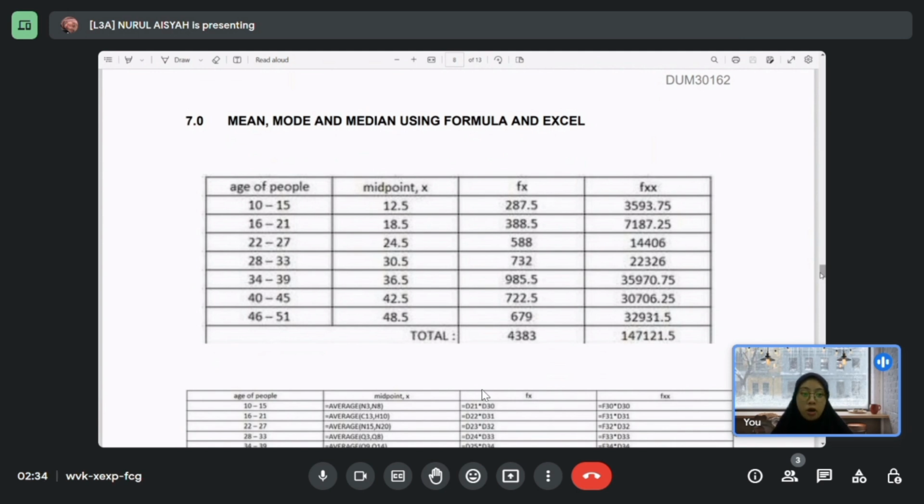Second, f x squared we can get by frequency multiplied by x squared. Thank you.